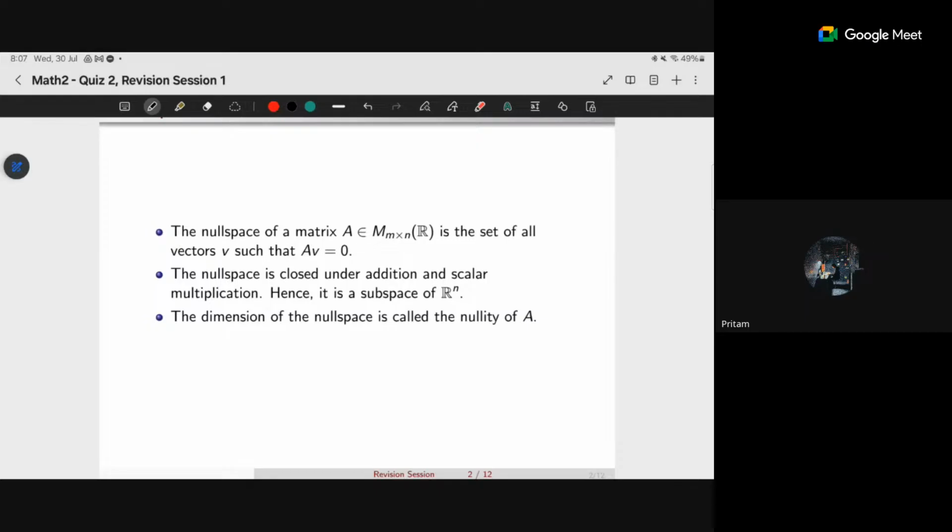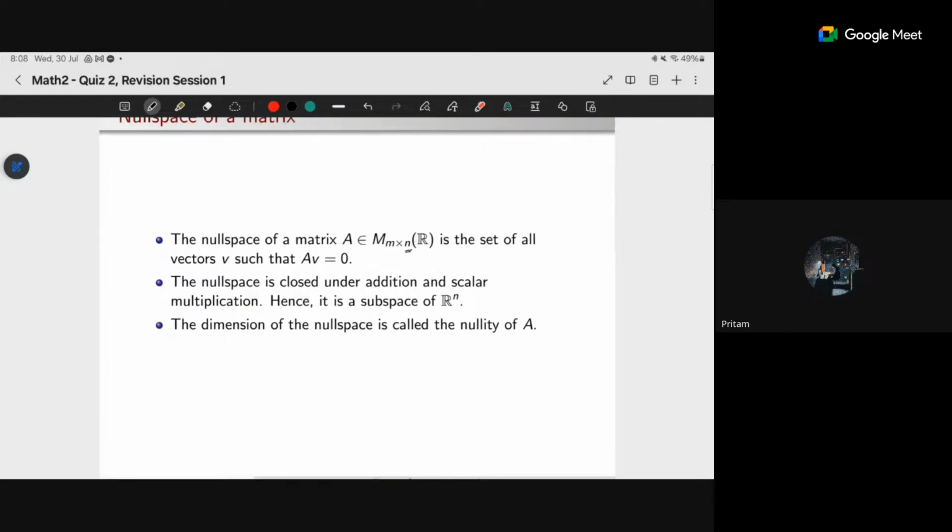This will become clear when we address linear transformations and so on. But first, just in the language of vector spaces that we have developed so far, the first thing to notice is that this is a subspace of Rn. So where do these vectors lie, the solutions to AV equal to 0? The V has to be in the n-dimensional Euclidean space, Rn.